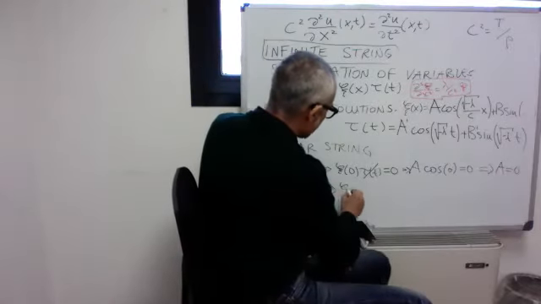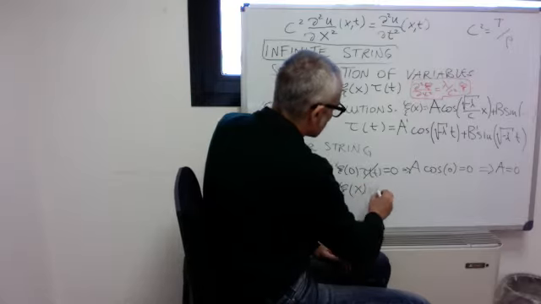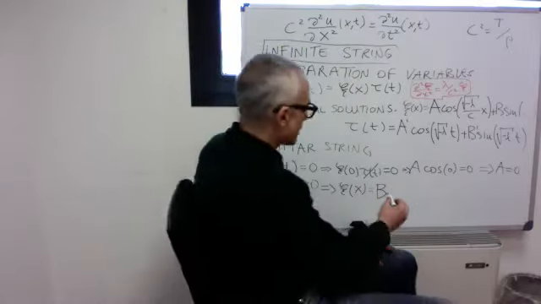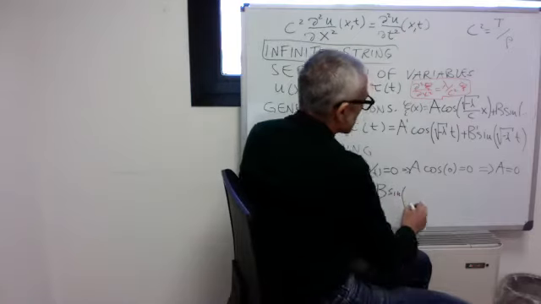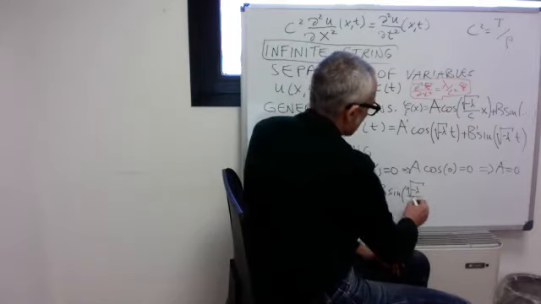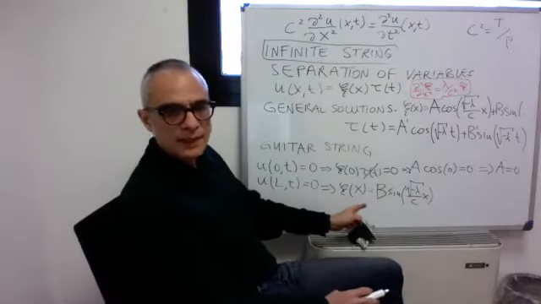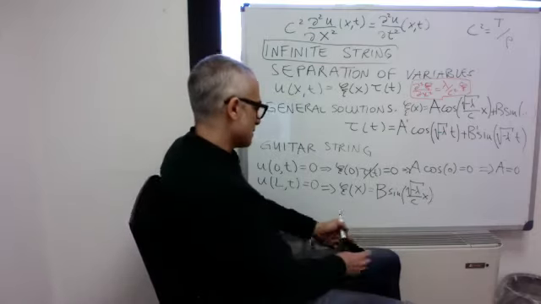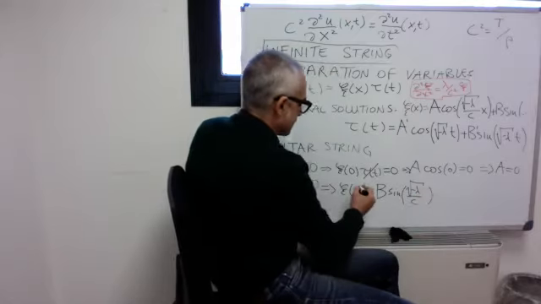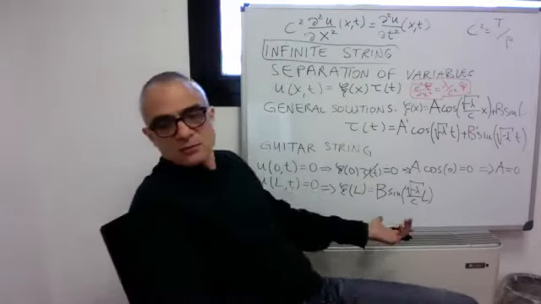Now we are left with psi of x equals b, since a is lost, multiplied by the sine of the square root of minus lambda over c multiplied by x. And I'm interested now in what happens when x equals L. So please allow me to just replace x with L in this expression. Now I know that this has to be equal to 0.